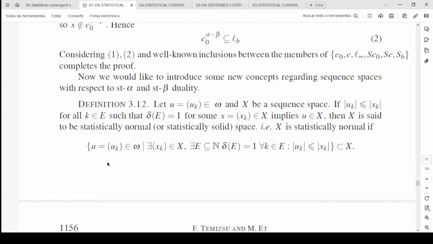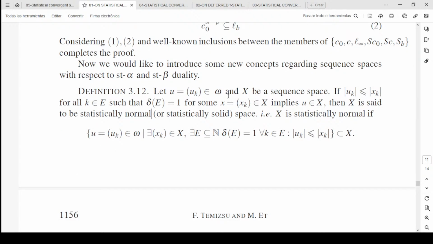Here we give some equivalent notions about sequence spaces. For example, one of them is statistical normality of a sequence space. We say that, let uk be any sequence and X be a sequence space.